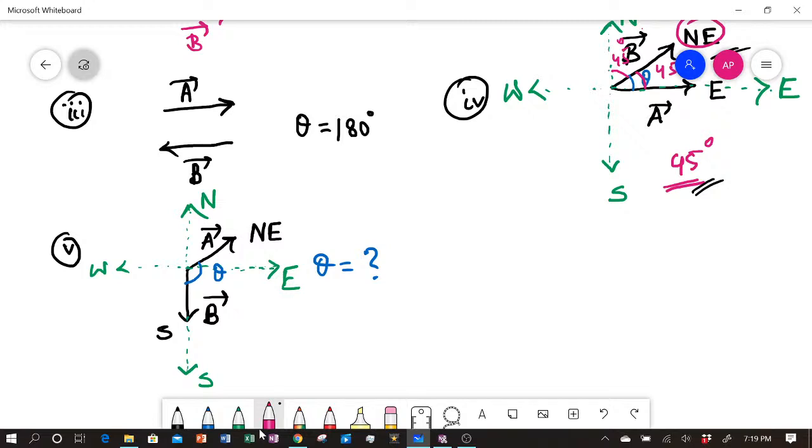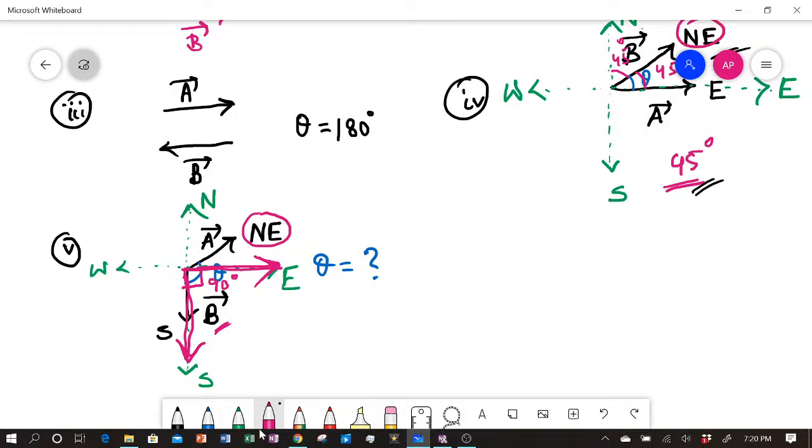this B vector is along south direction, right? And when this B vector is along south direction, that means the angle between east and B vector is just 90 degree. This angle is 90 degree. Okay. And the vector A is along northeast direction.